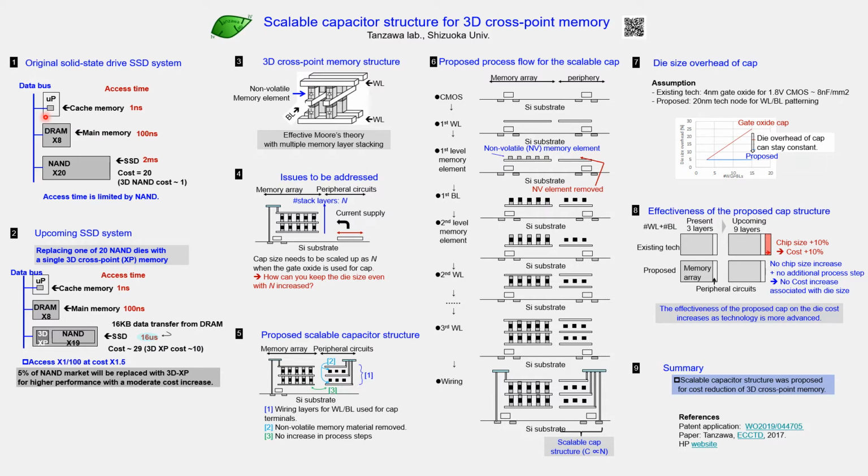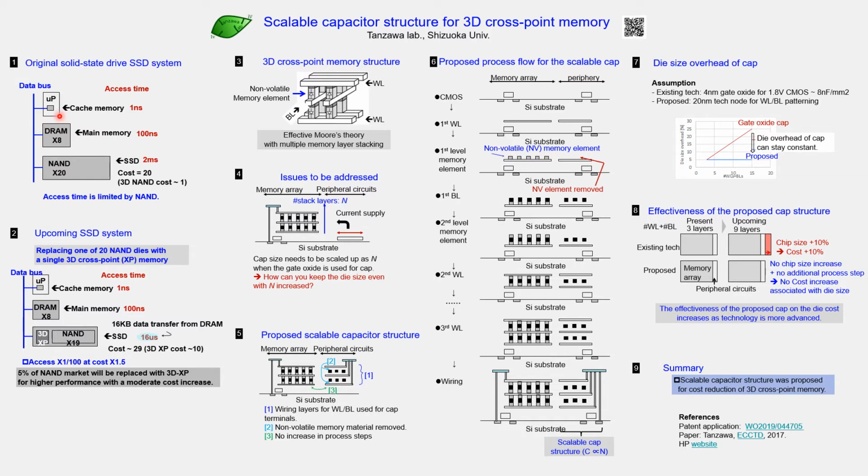When the data which is required for processing is located in cache memory, then the data read or write operation can be done in 1 nanosecond in this example.